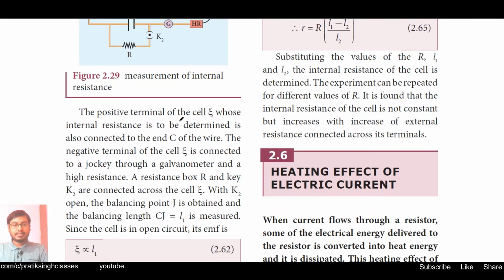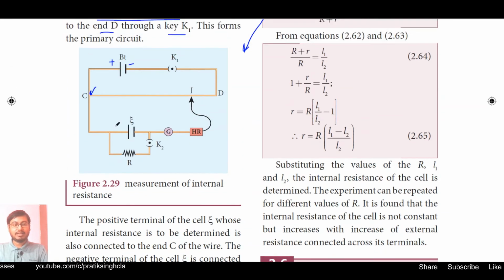The positive terminal of cell Xi, whose internal resistance is to be determined, is also connected to the end C of the wire. So as you can see here, this is the positive terminal of the cell Xi, and it is connected to this point C. We have to find the internal resistance of this cell having EMF Xi.